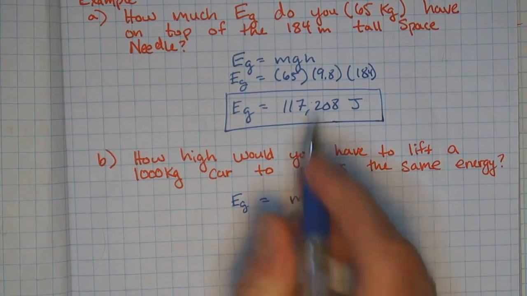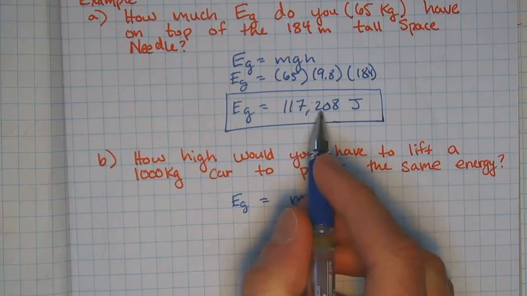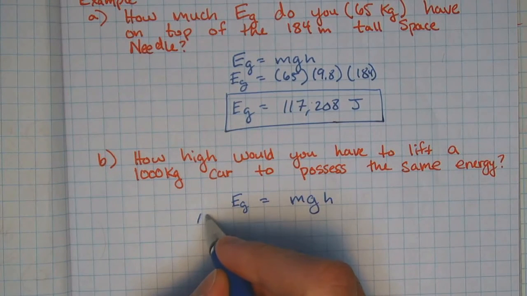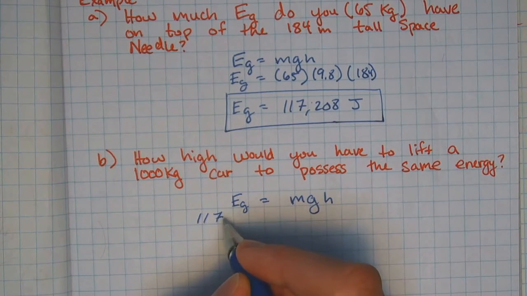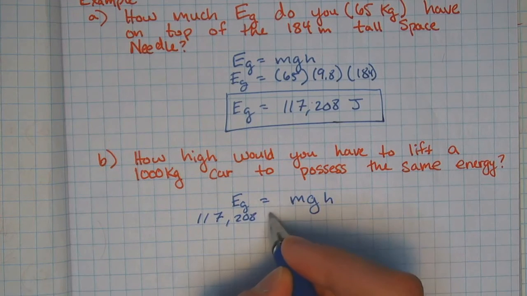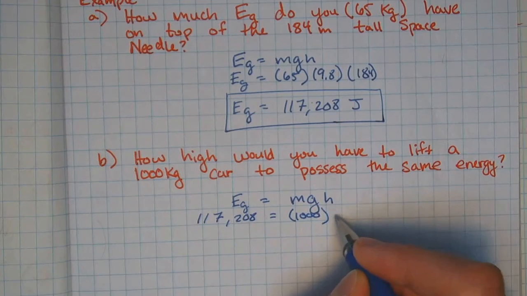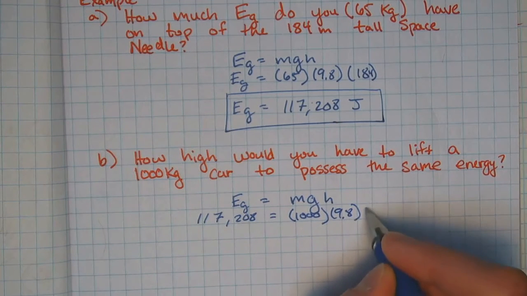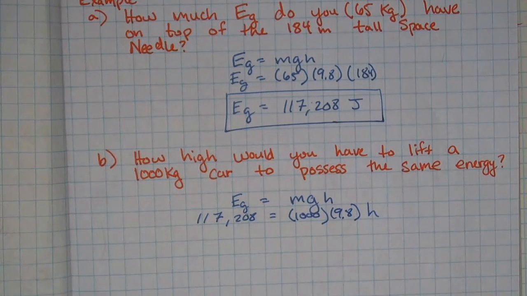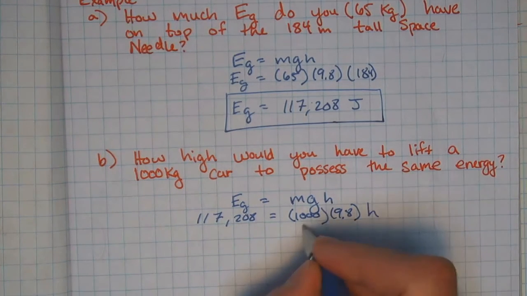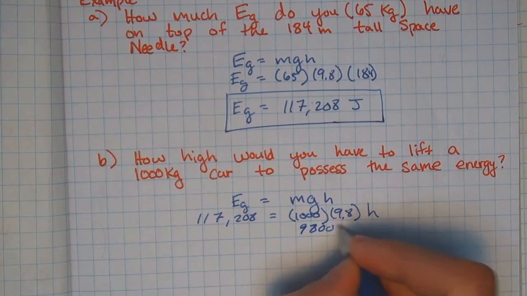It's going to have the same amount of energy as we had up here, 117,208 joules. The mass is now 1,000 instead of 65. Still got our 9.8 there, and we're solving for h this time. So 1,000 times 9.8 is going to give you 9,800.